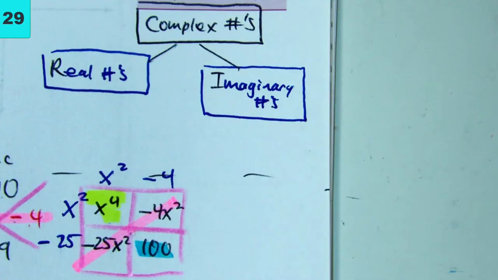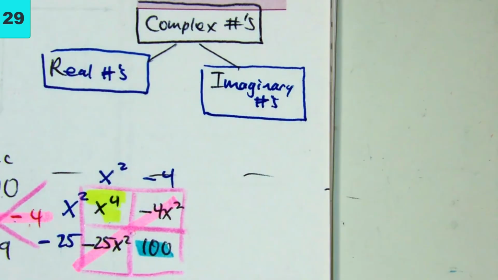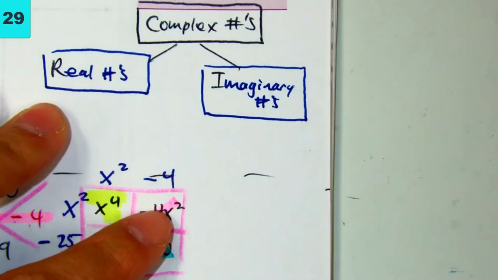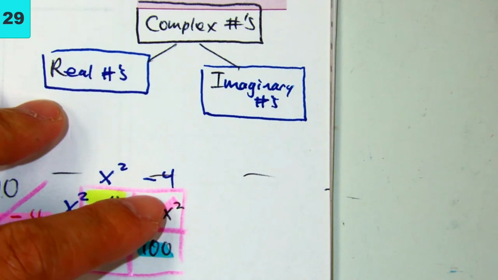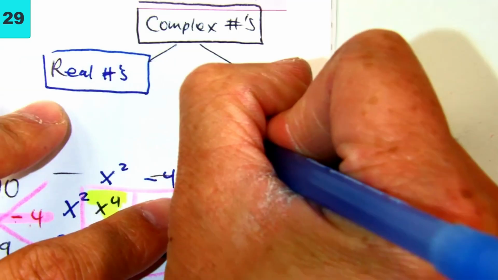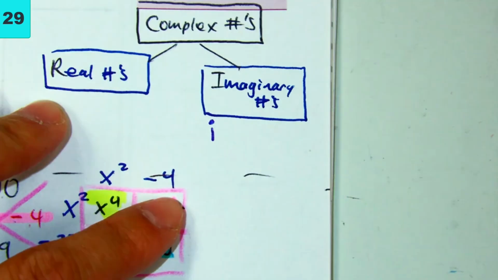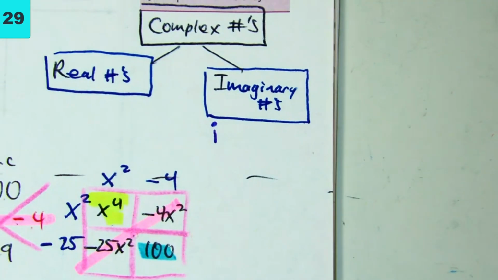And as I was helping a student study for the SATs yesterday, imaginary numbers starts with what word? I. Partner A, tell partner B, what's the formula you know about i? Brendan, what do you know about i?